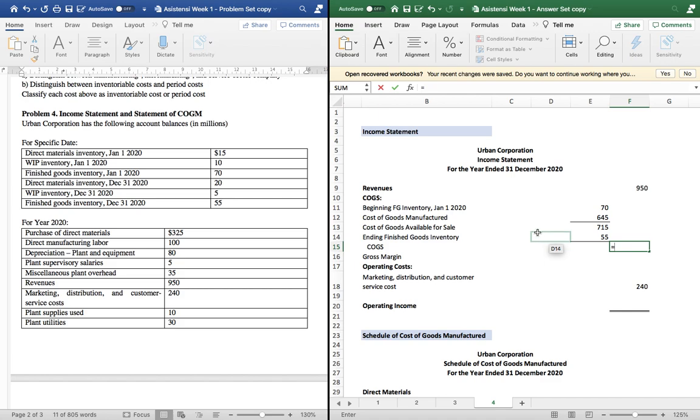So cost of goods available for sale minus ending finished goods inventory, the cost of goods sold expense for the year 2020 is 660.